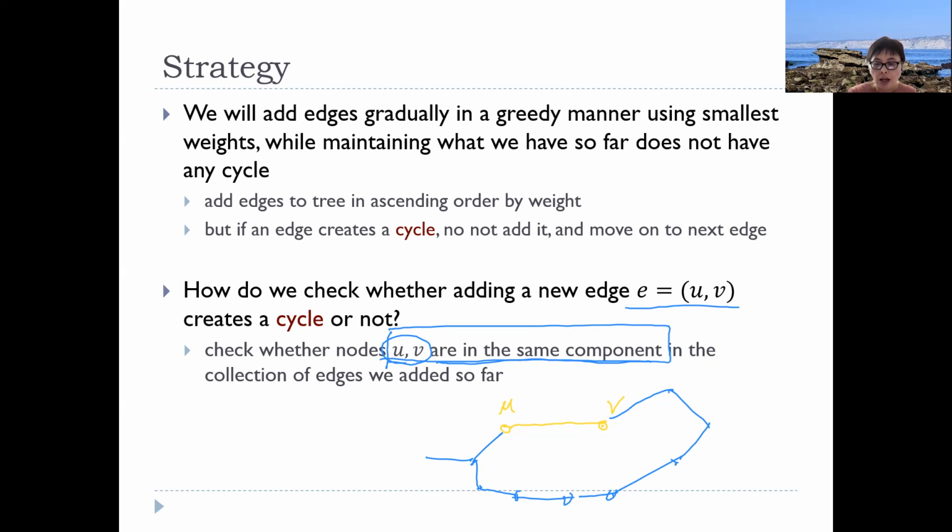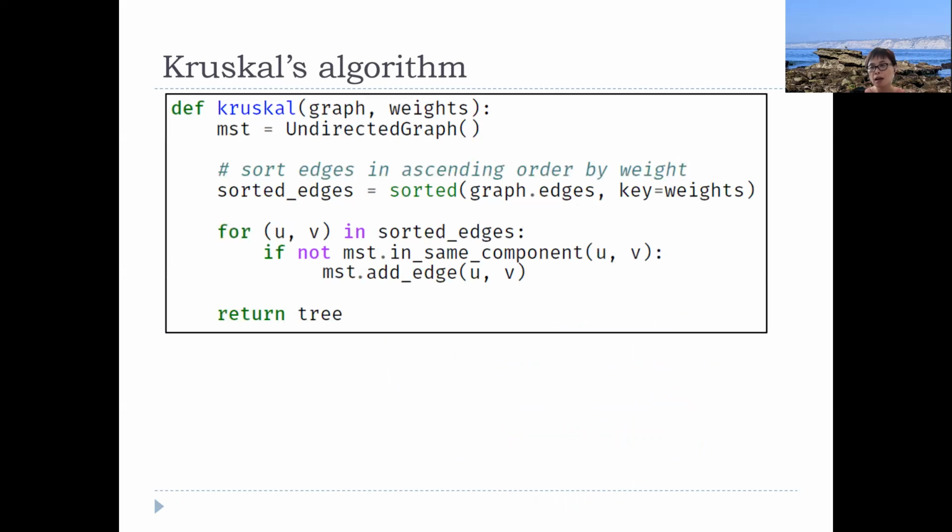All right, so with this, here is a high level outline of Kruskal's algorithm. Let's look at it again. We're given the graph, and we're going to compute the minimal spanning tree. The node set is still the same as the input node set V of the graph, and then we're just inserting edges.